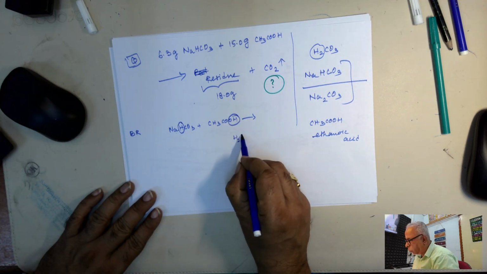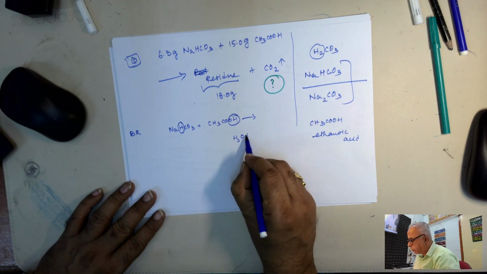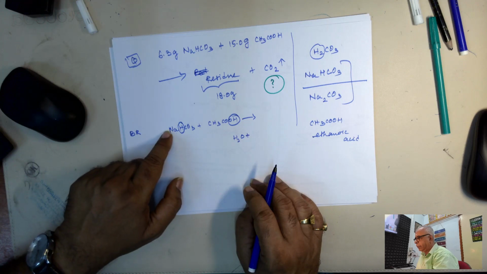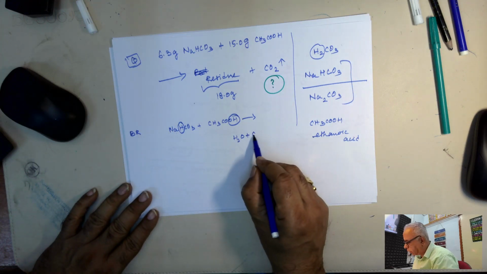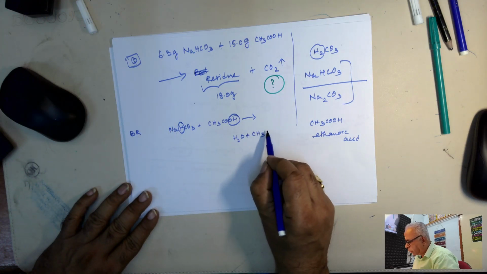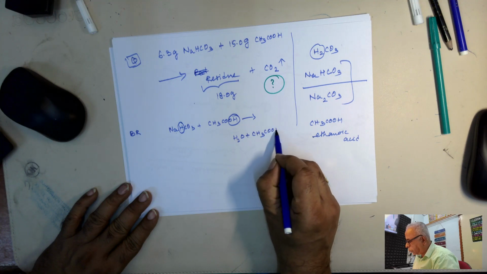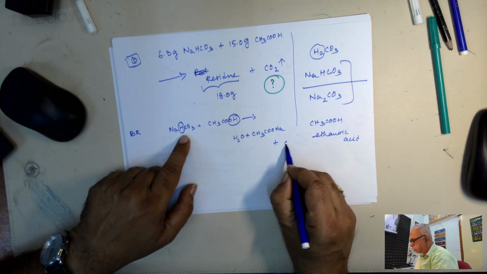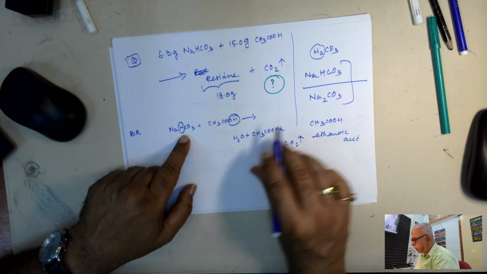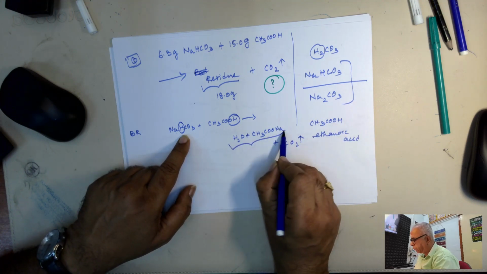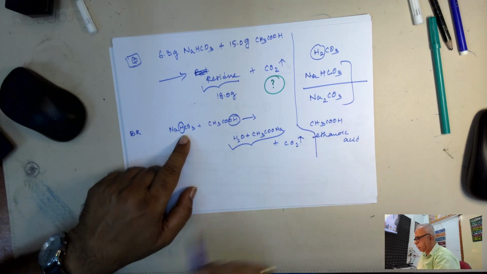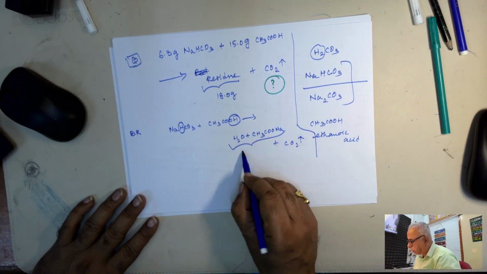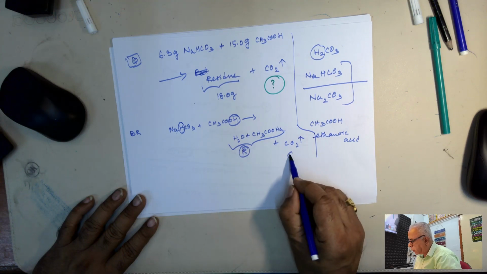So you are able to get water plus CH3COONa and the residual carbon dioxide. This is sodium acetate, this is water, and this is called the residue. And this is the gas.